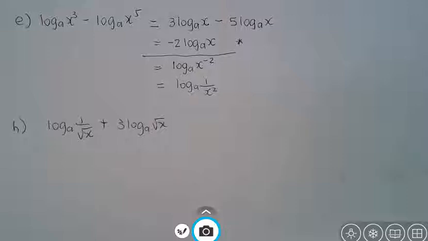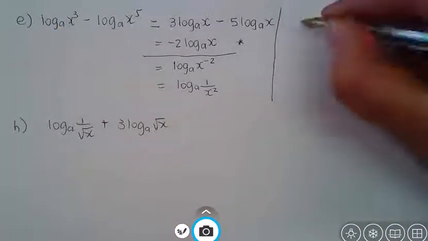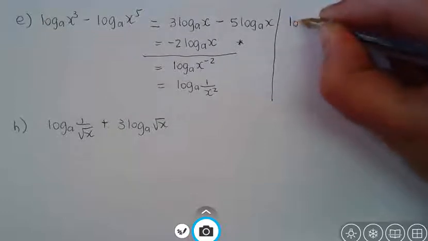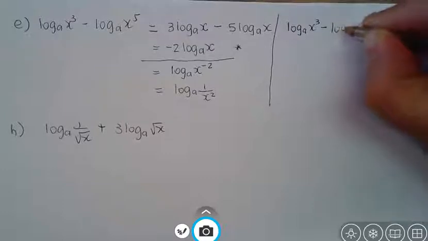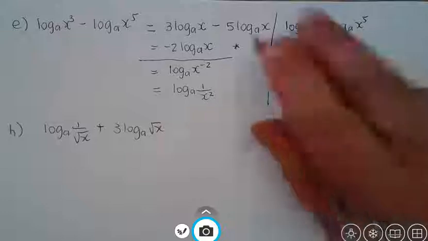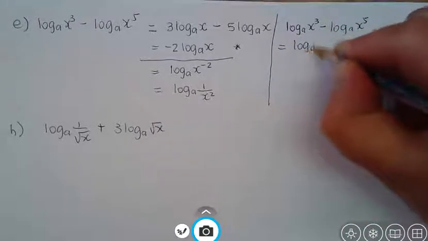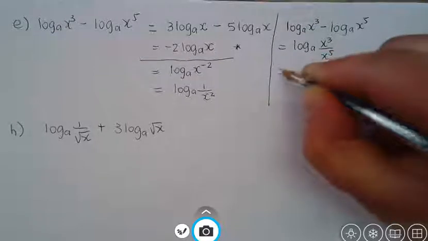Some of you might think, why don't I just apply the log law here? The other way to do it is log to the base a of x cubed minus log to the base a of x to the power of 5. If the bases are the same and we're subtracting, that's the same as log to the base a of x cubed over x to the power of 5.